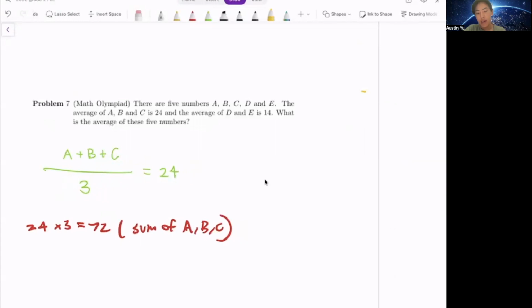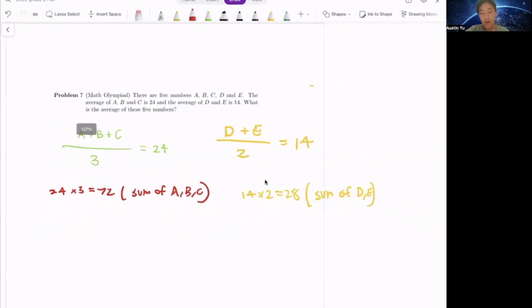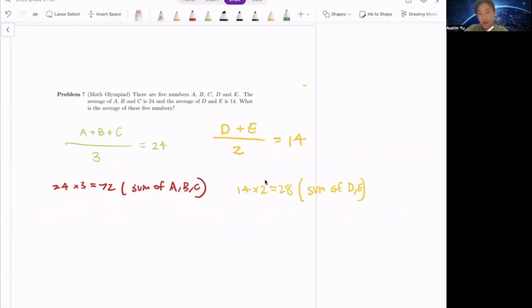Meanwhile, on the other hand, we have D and E. So D plus E divided by 2, since there are 2 letters, equals 14. And then this would mean 14 times 2 equals 28, the sum of D and E. Okay, so now we have to add 72 and 28 together. 72 plus 28 would be 100.